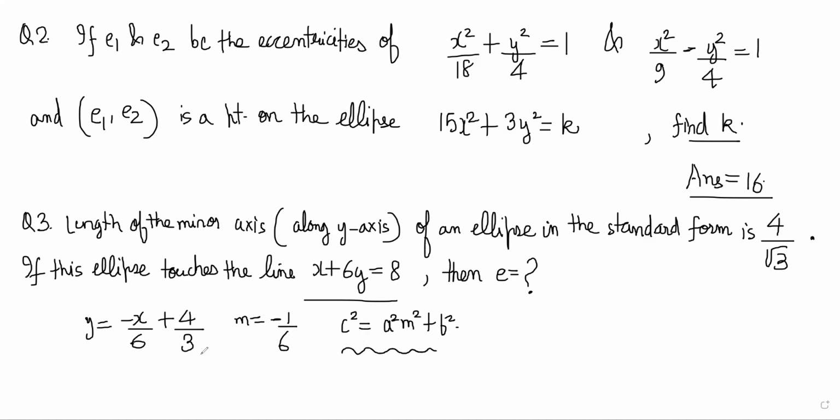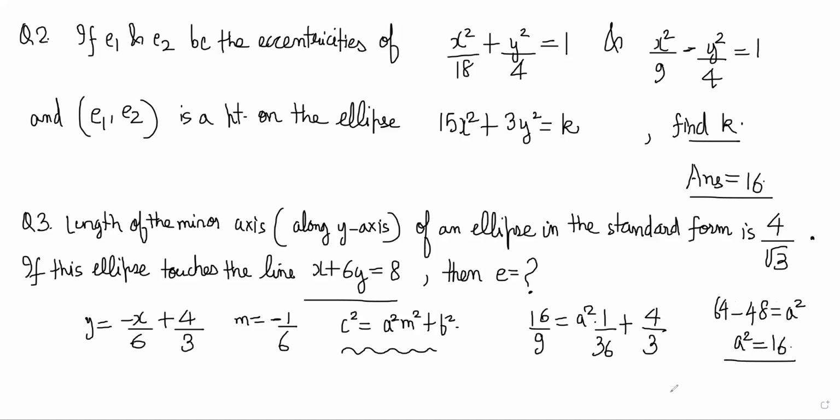Yeah. So 4 by 3 is c, so 16 by 9 should be equal to a square m square, which is a square by 36, plus b square, which is 4 by 3, right? b is 2 by root 3, so b square is 4 by 3. So you will get 64 minus 48 is equal to a square.